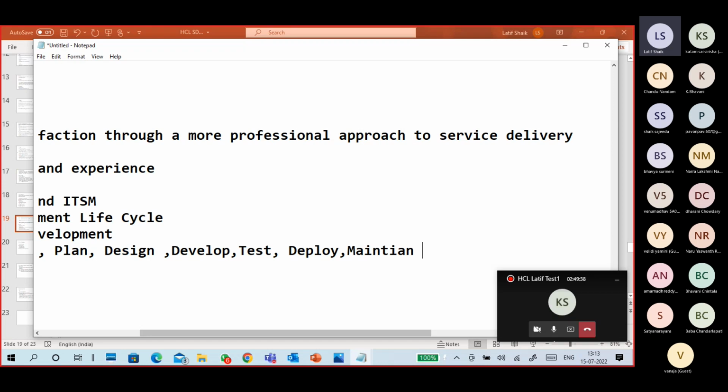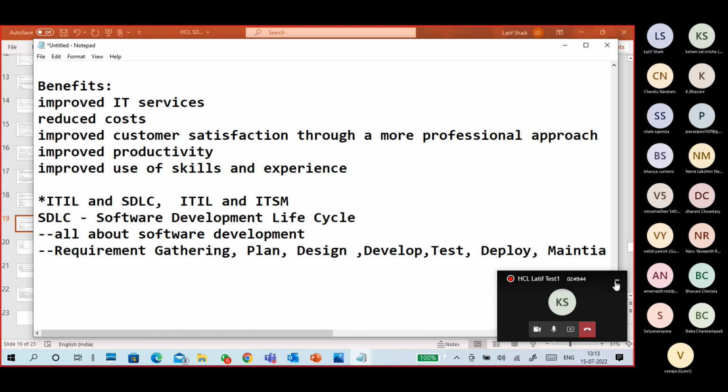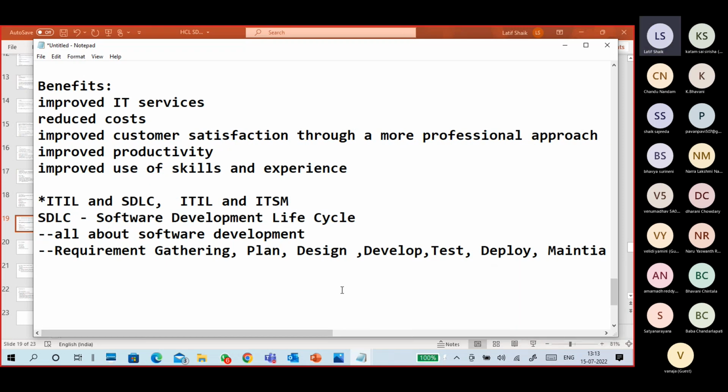So these are the main life cycles of your software development life cycle. We should not talk about the software development life cycle in ITIL, but in ITIL there are different life cycles.